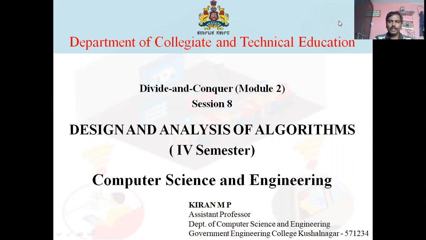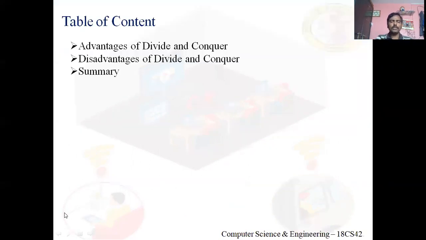So now in this session, we will see the advantages and disadvantages of divide and conquer. Coming to the agenda of the session, first we'll see the advantages of divide and conquer. You have come across several important problem types, and we have seen solutions based on the divide and conquer strategy.